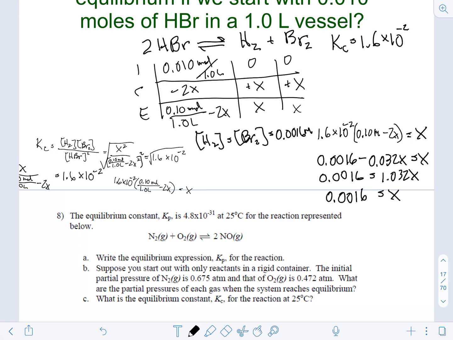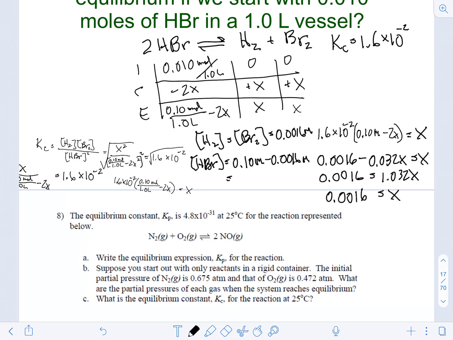And we have to figure out the equilibrium concentration of HBr. So HBr, its concentration is 0.10 molarity minus 0.0016 molarity.